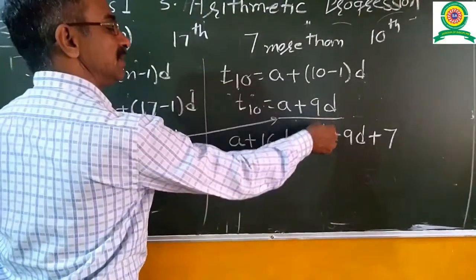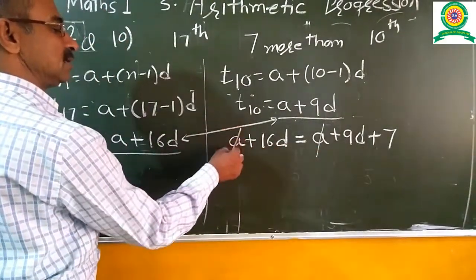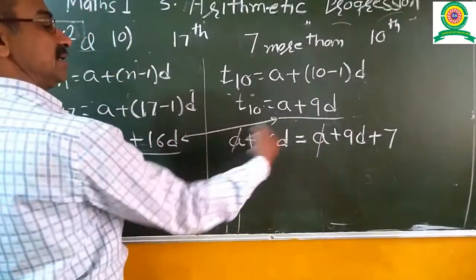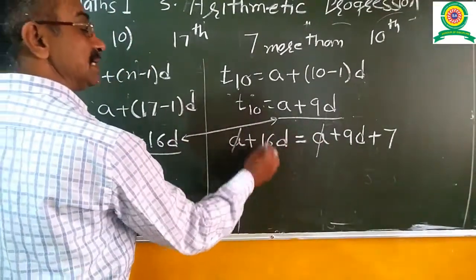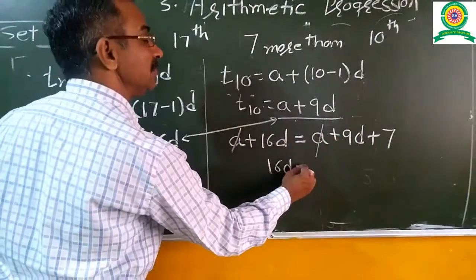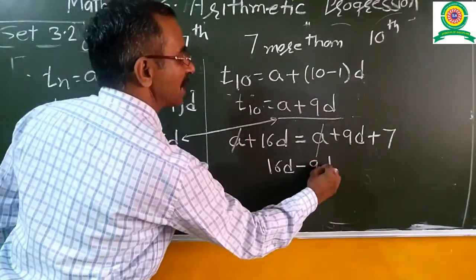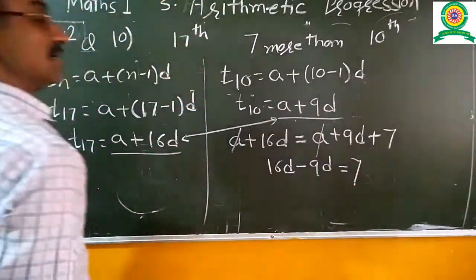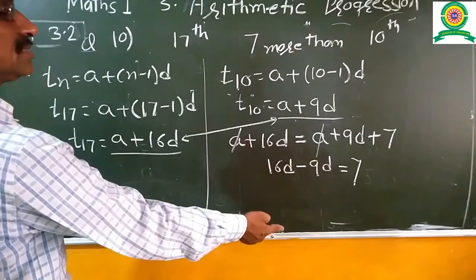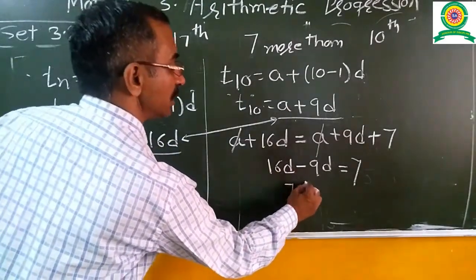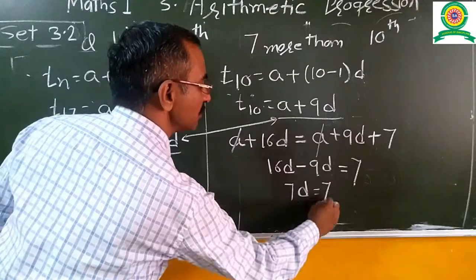Eliminating, A minus A gets cancelled. 16D remains as it is. Minus 9D comes from right to left and becomes minus, and 7 remains as it is. 16D minus 9D is 7D, so 7D is equal to 7.